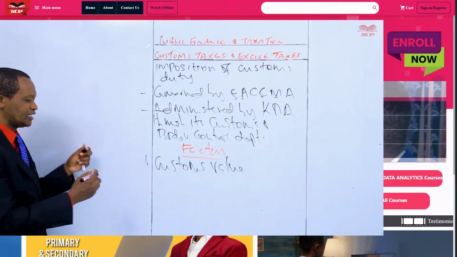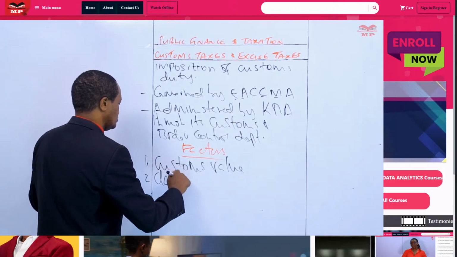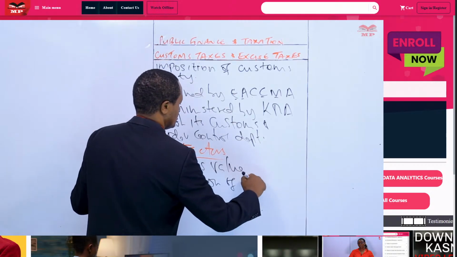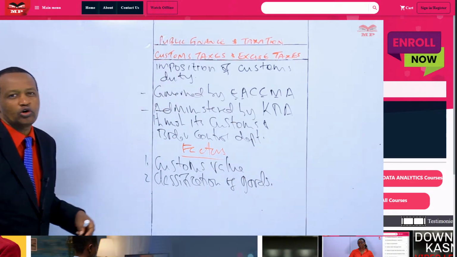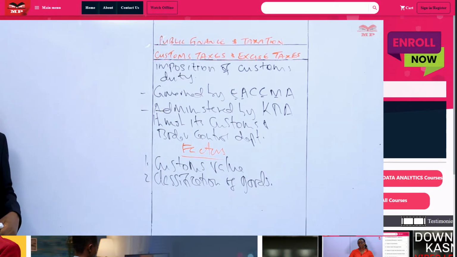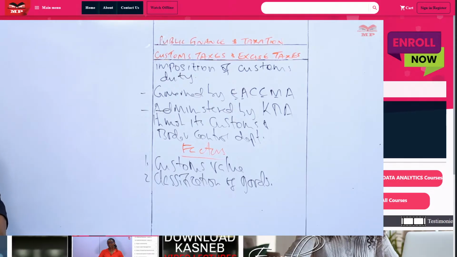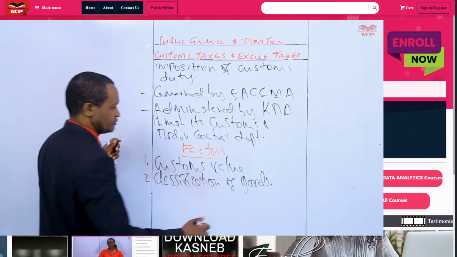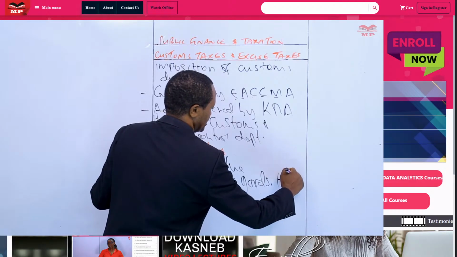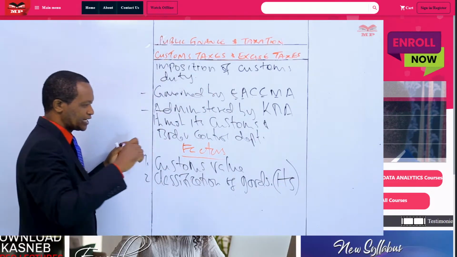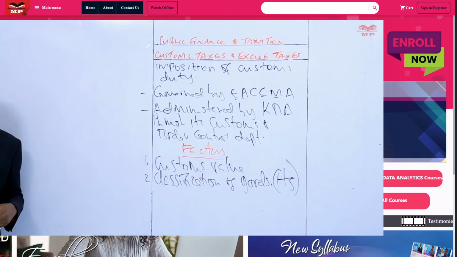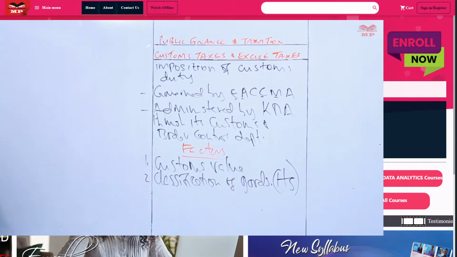Then we have classification of goods. Goods are classified using the harmonized system, what we call HS, the harmonized goods code.